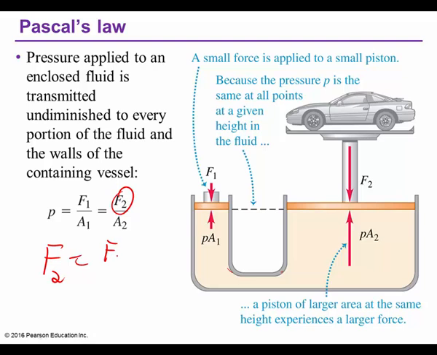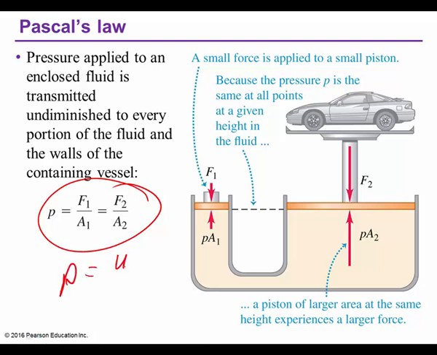It'd be the force of 1 times the area of 2 divided by the area of 1, right? And you say, well, how can we do that? Because the pressure is transmitted undiminished. All right, nice little equation there you need to stick on your formula card. And remember, pressure is in what? The units are newtons per meter squared, which is a Pascal.